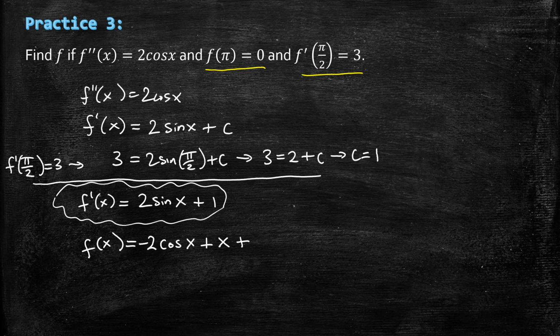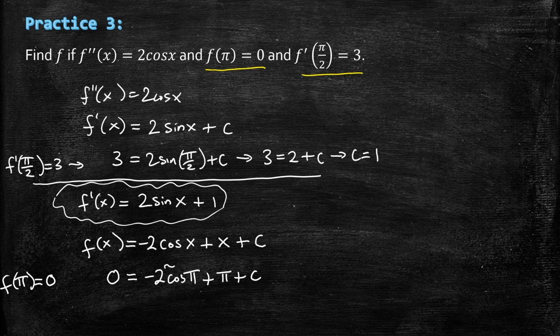Sometimes you could call it plus d or whatever you would like, but every time c is a different value, so we tend to just use c. Now we need to plug in the point that will help us solve for c. So f of pi equals 0: negative 2 cosine pi plus c, and that should all equal 0.